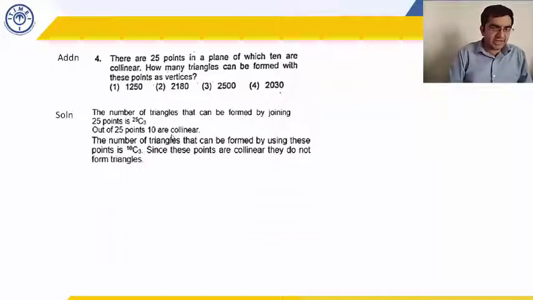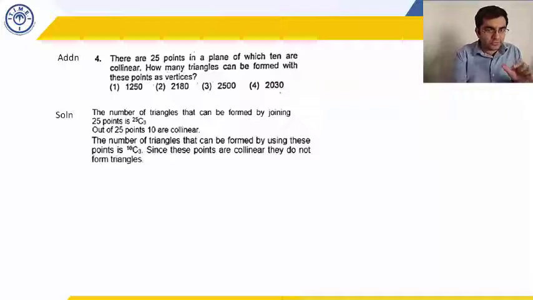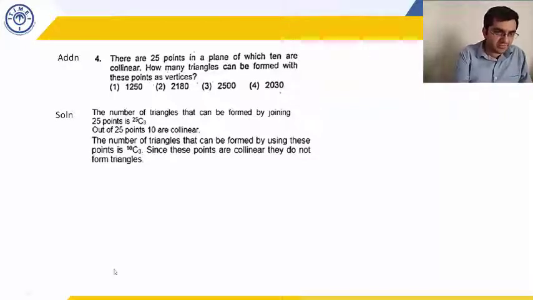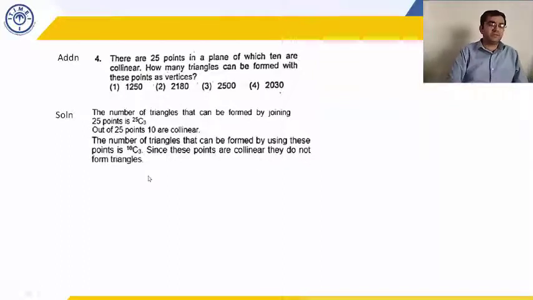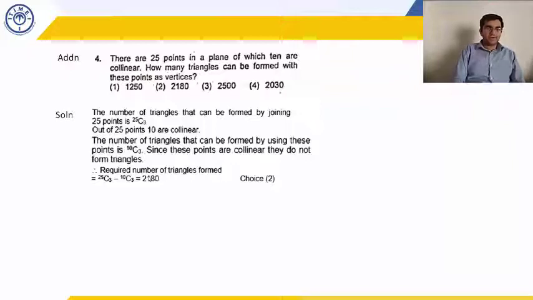So from 25C3, actually I need to subtract 10C3, or all those groups of 3 points selected from these 10 collinear points, since these points do not form triangles. And so your answer would be 25C3 minus 10C3. Okay.